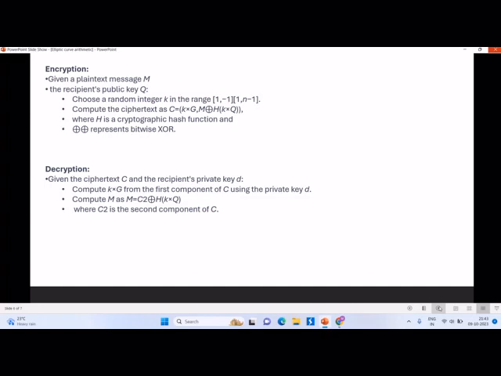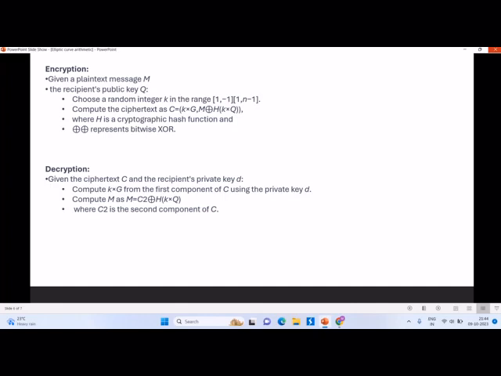The ciphertext is C equals kG, M XOR H of kQ, where H represents the cryptographic hash function, and the symbol used in the ciphertext represents the bitwise XOR. This is how we encrypt the message.